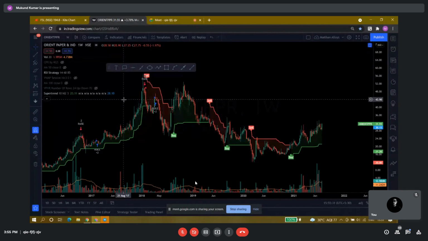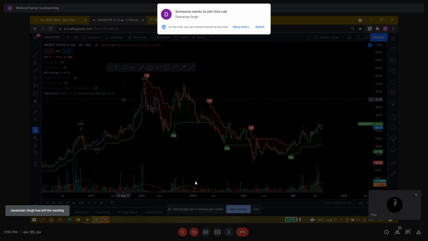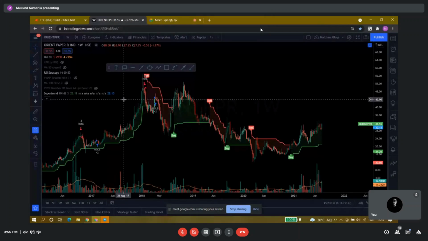Okay, so I told you that whenever our first target is met, we have to follow the trailing stop loss. Your Supertrend trailing stop loss will definitely be higher than the initial start level, and it will give you an exit if the price dips, well before your entry level.